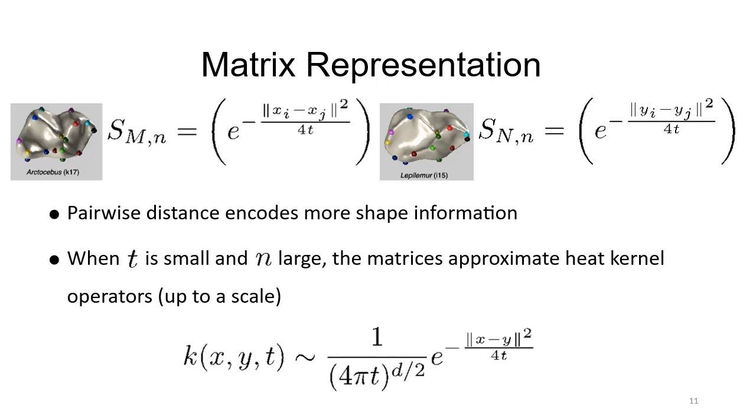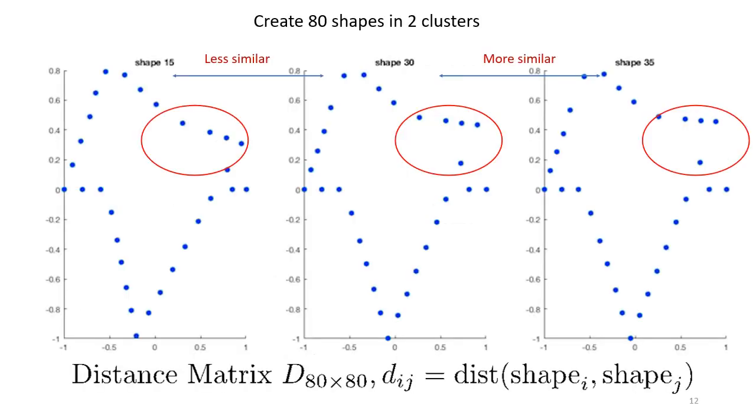Let's see what would happen. Let's construct synthetic data to see whether the matrix representation gives us a better representation, meaning whether the heat kernel idea captures more geometry of the shapes. Here I construct 80 shapes in two clusters: 40 similar shapes and another 40 similar shapes.